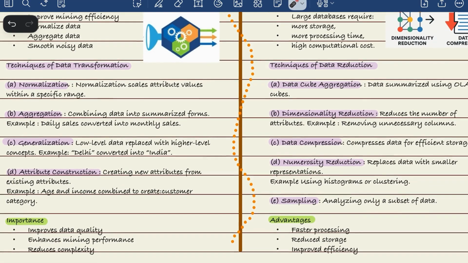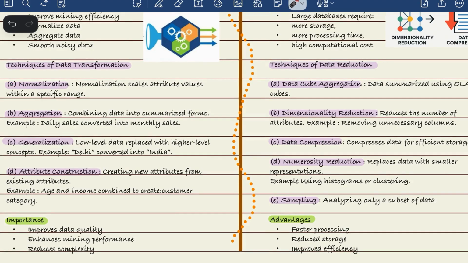The first is normalization. Normalization is scaling down giant numerical variables so they fit into a tight uniform range. For example, converting raw exam marks into a decimal percentage scale, right?